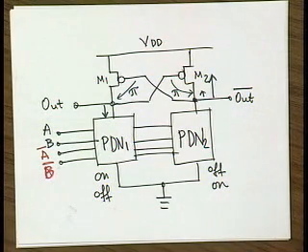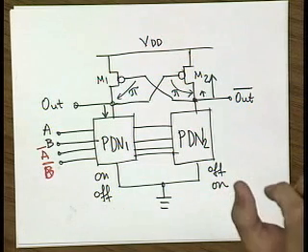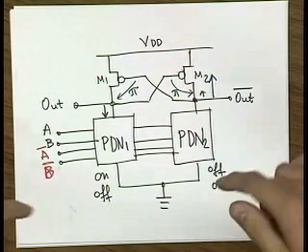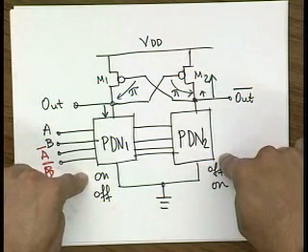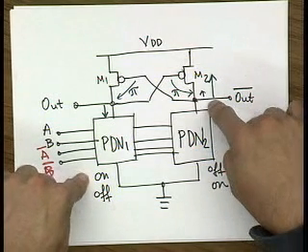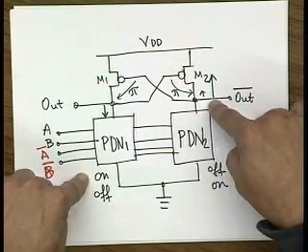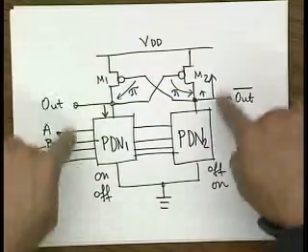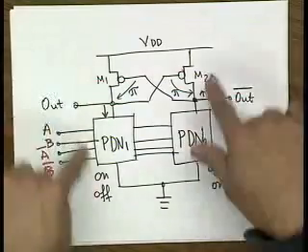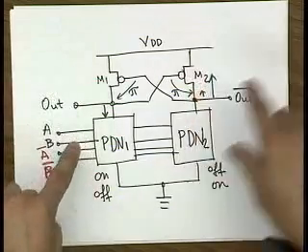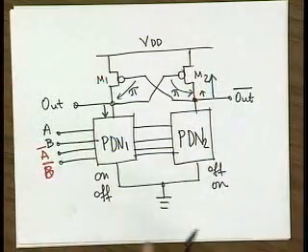So that has a long delay, and you need two stages to implement that function. In this case, you not only implement the function in one stage, but you also have your true and complementary outputs available at the same time. And that is going to be clear in a moment.